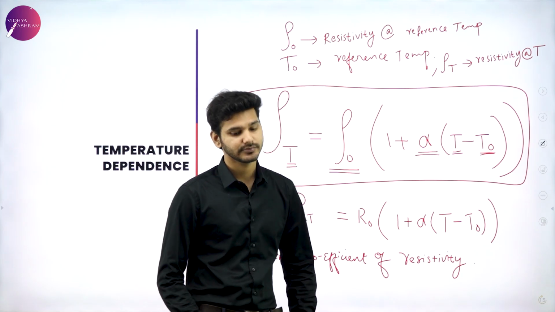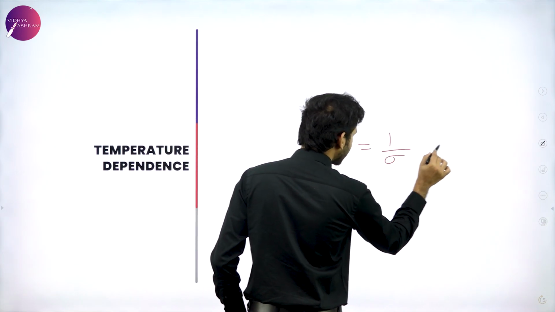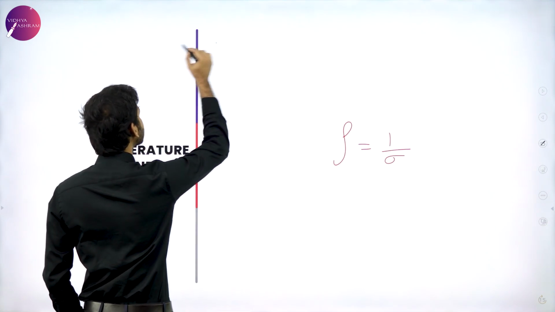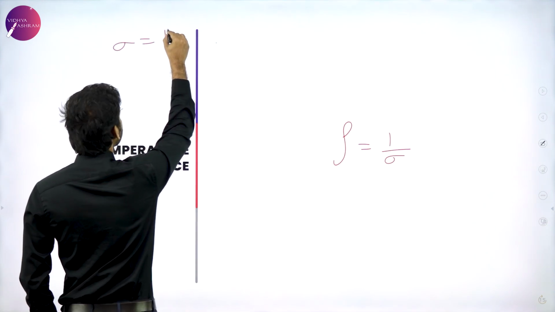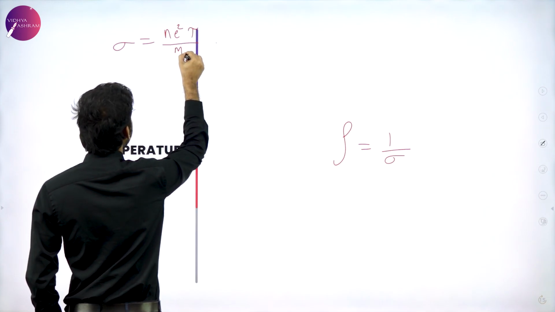Just note it down. Why this happens is because we know that resistivity is equal to 1 by sigma, 1 by conductivity, and the equation to find conductivity is n e squared tau divided by m.